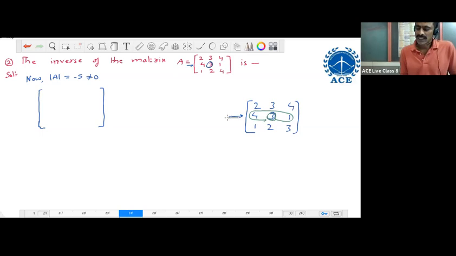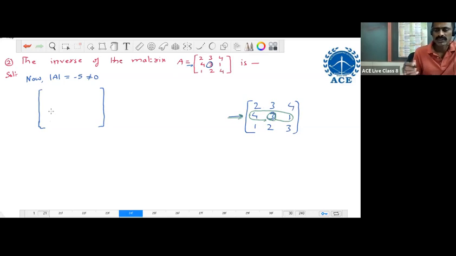After completing one cycle, we can collect 4 elements: 1, 2, 3, 4. That is 3, 1, 4, 3 only. We write these 4 elements as the first column in this fourth order matrix.